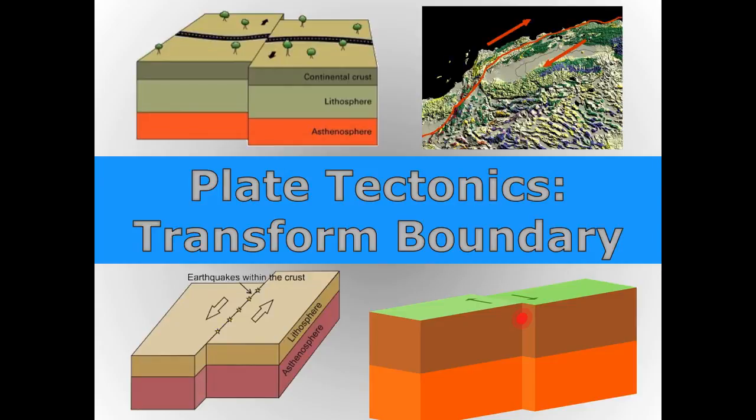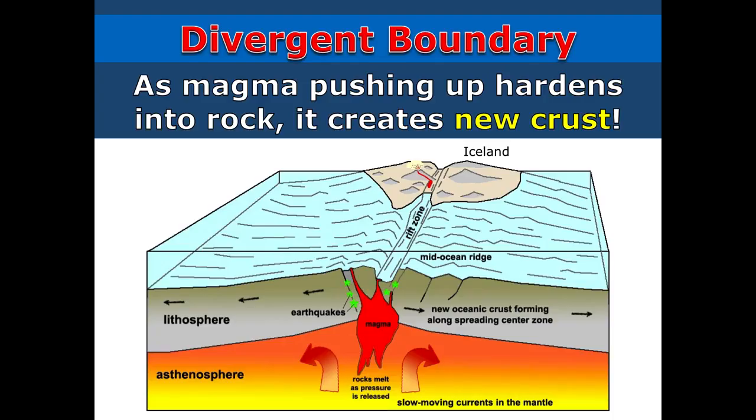So just to wrap things up, we have the mid-ocean ridge underwater. That's what's created at these rift zones underwater. And then on land, we call those rift valleys. Underwater, mid-ocean ridge.